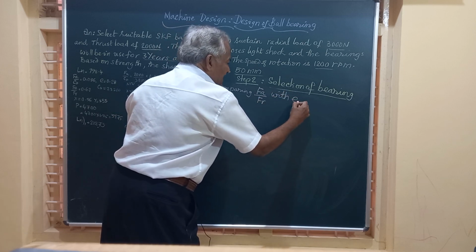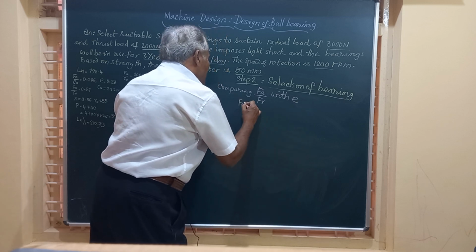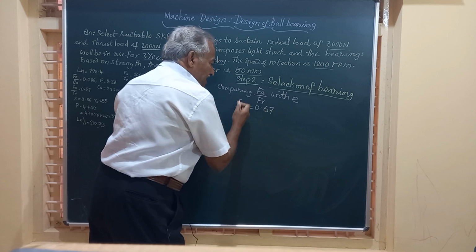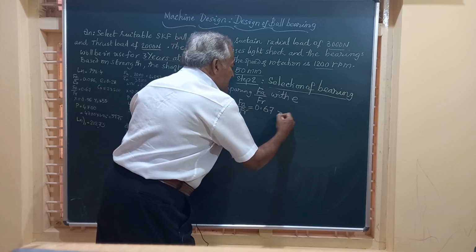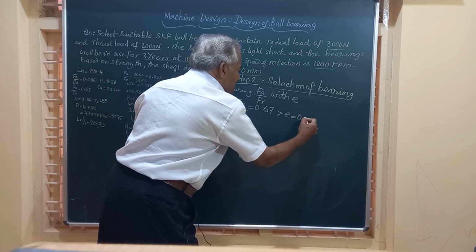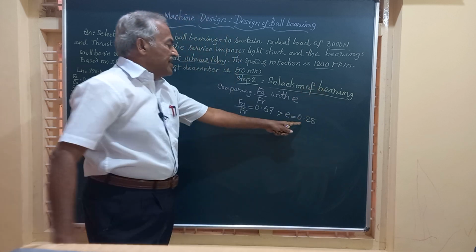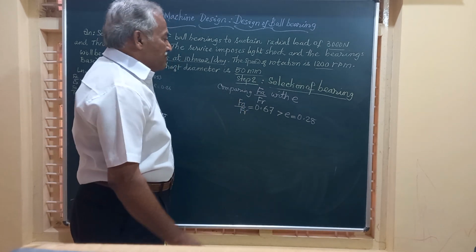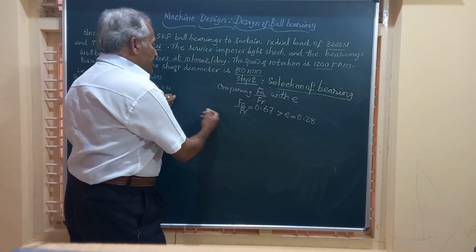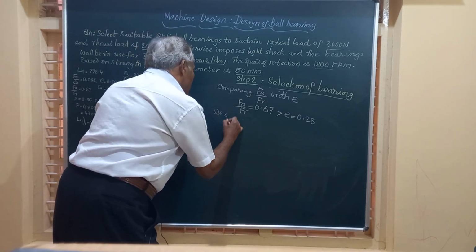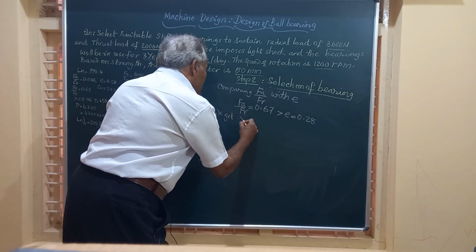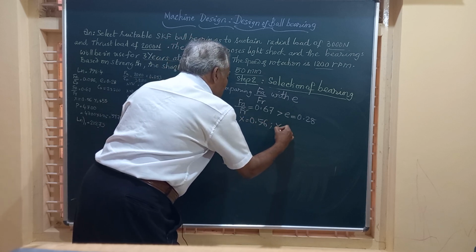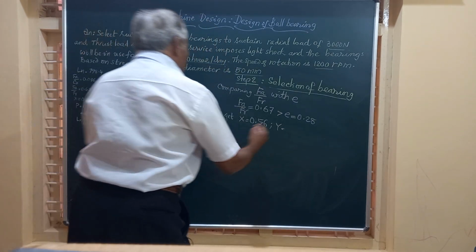That constant e again, we find Fa over Fr is 0.67, we have calculated, is greater than e, which is equal to 0.28. This 0.28 is obtained from the table. This value you have calculated, you have to have a comparison. So for such a case, friends, from the same table, we get x is equal to 0.56 and the constant y is 1.55.